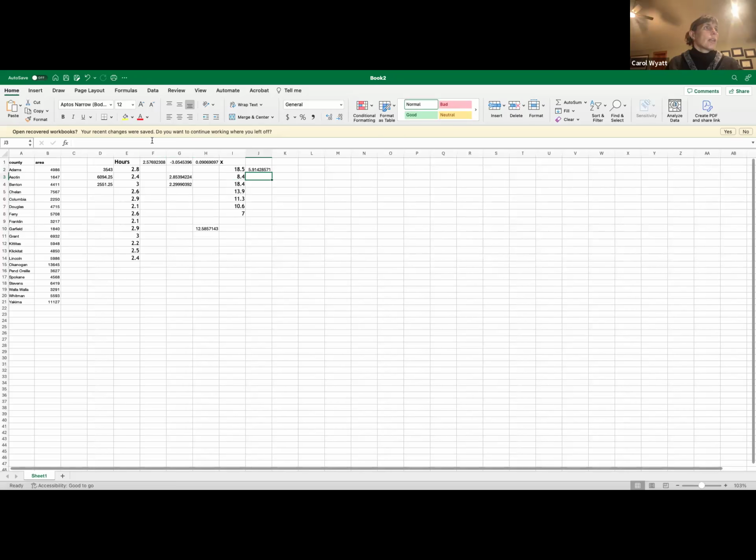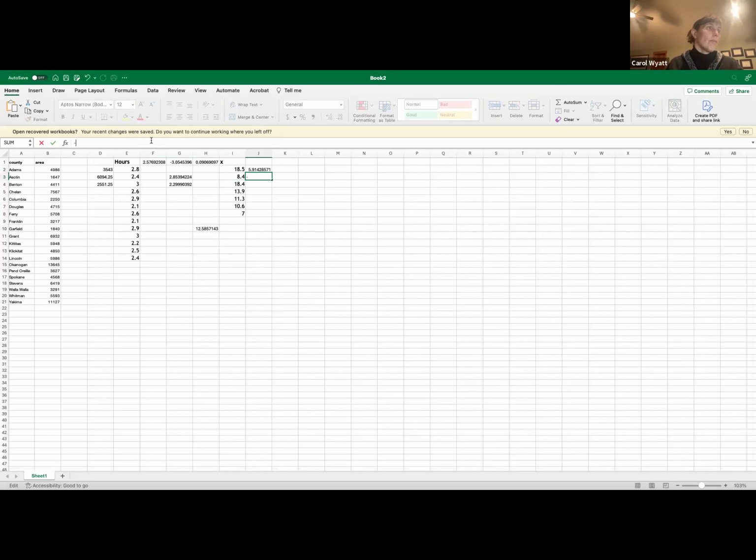And then I would take this 18.4 minus its average. This is how the standard deviation is calculated by hand. You can see why people don't do this by hand very often.